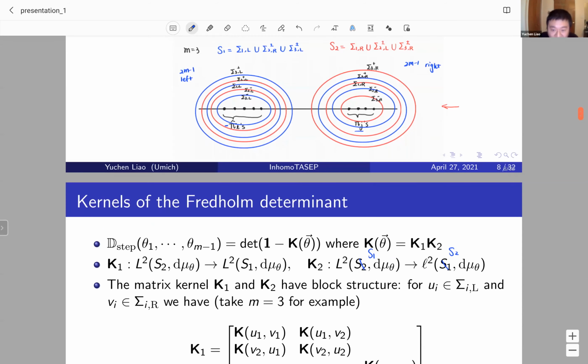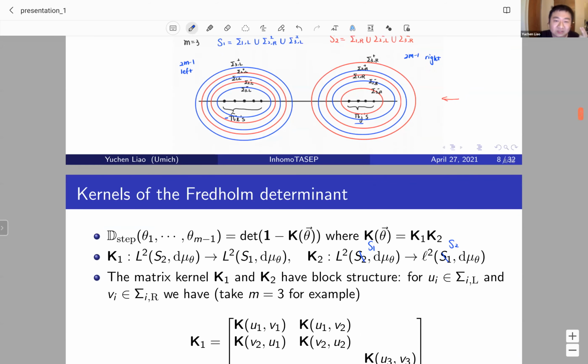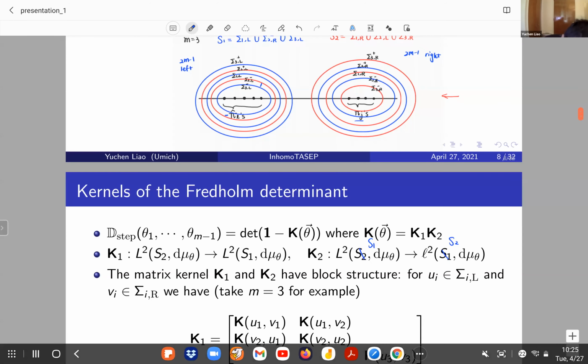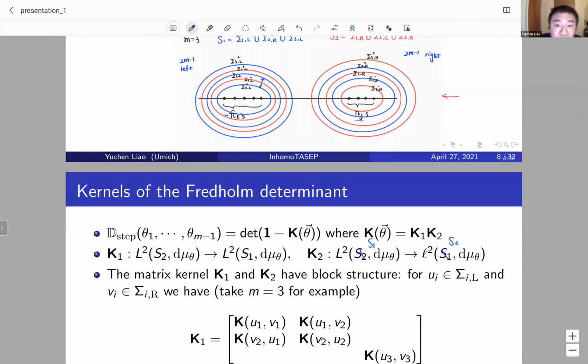And in the multi-time case, what's happening is, the left contour sigma i L will not only interact with sigma i R, which is on the right, but also it will interact with the contour on the left that's neighbor to it. So there are interactions between these contours and also the counterpart.